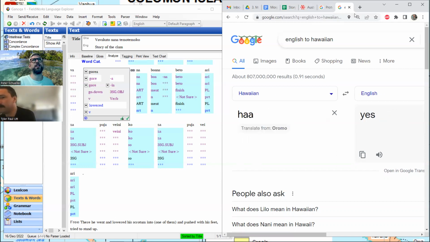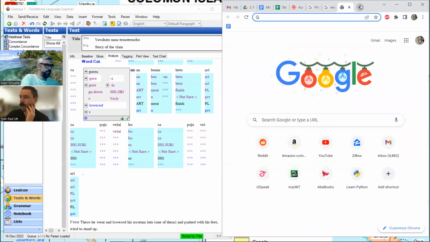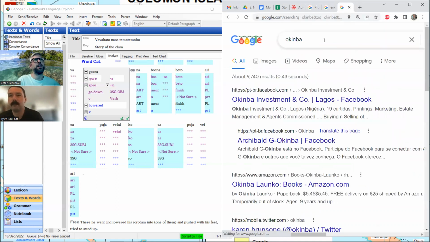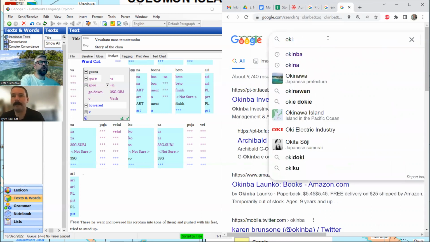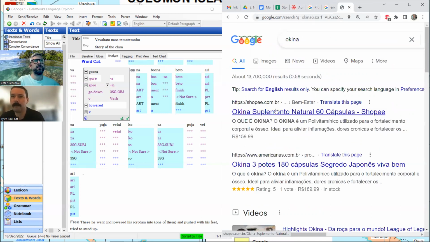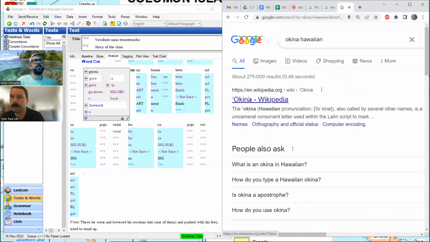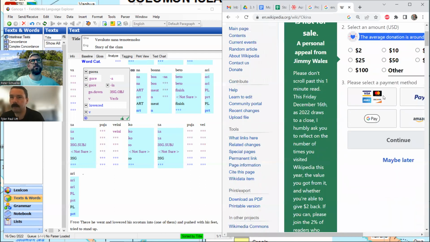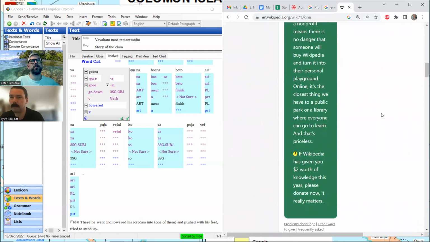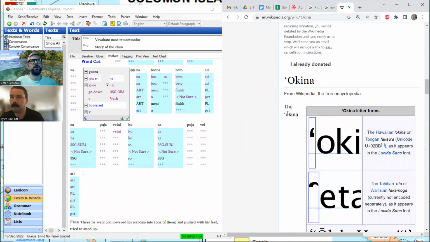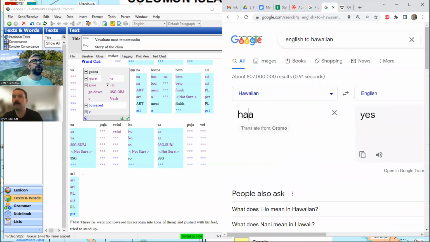I need a real Okina here. Oh gosh, boy, I'm typing up a storm today. The Okina character. Yeah, give me what I want. There it is. I have to scroll down a second to see it. Okay, here's what I want. I can steal this character from this page, go back, put it in here.